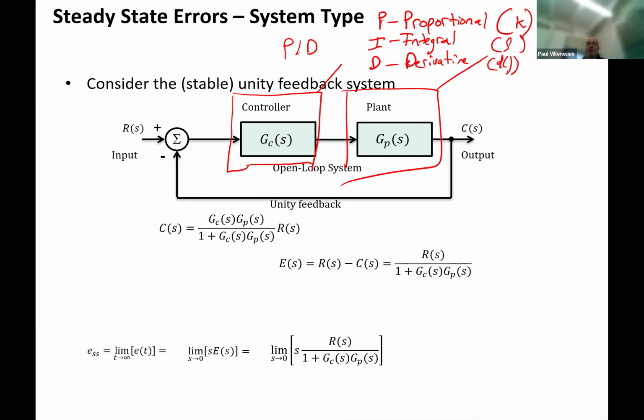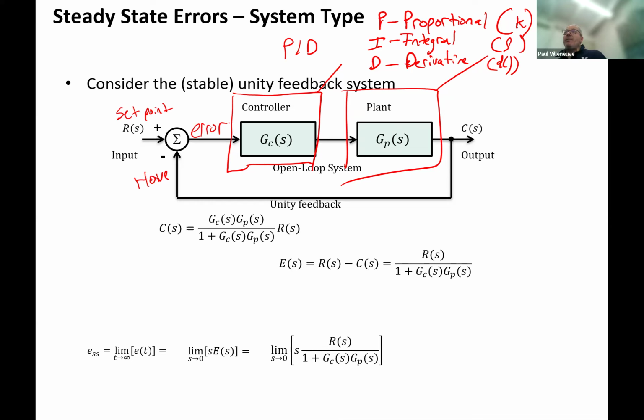Now, if you go with a proportional only controller, that may work, but there's a problem with it. You always have to have error. Why is that? Remember this here, because this is my set point for what I want. This is what I have. What's another way to say the difference between what I want and what I have? Error. This is the error. I know that sounds harsh, but I don't have what I want.